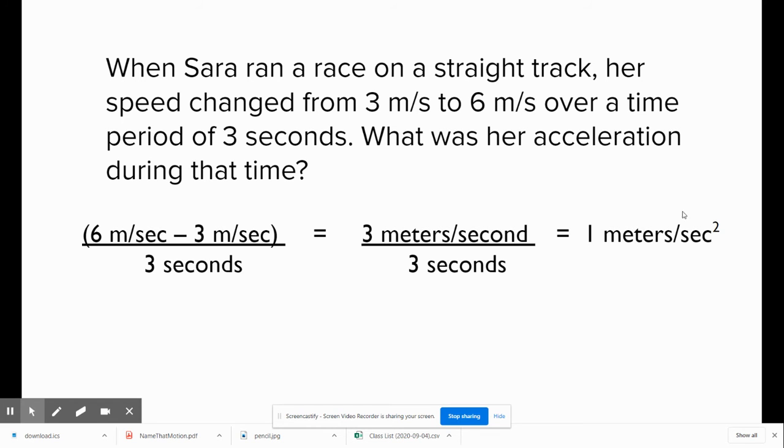And acceleration is always going to have 1 distance unit and 2 time units. So this is 1 meter per second squared. It's telling us that her average acceleration is that every second she was going 1 meter per second faster.